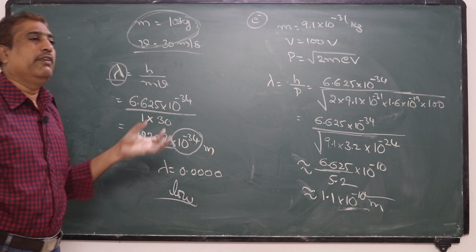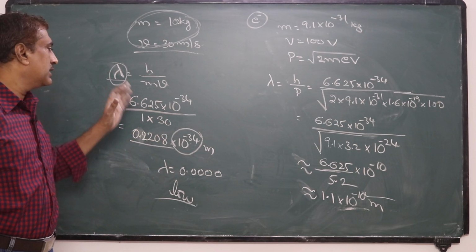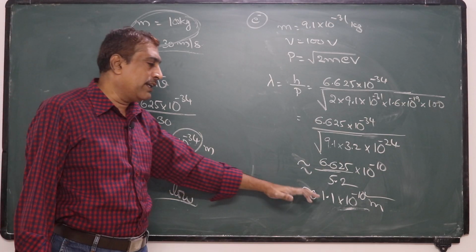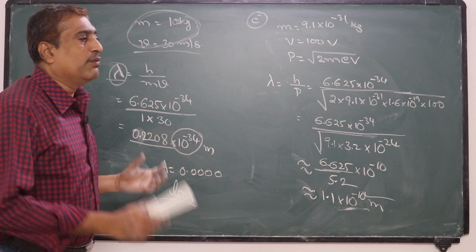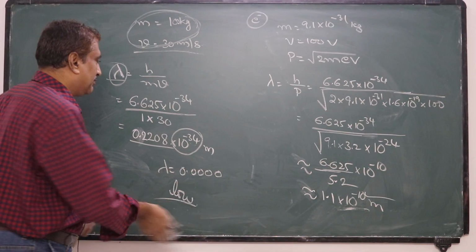That's why for heavier particles, the de Broglie wavelength is insignificant, but for lighter particles it is significant. That's why we won't experience a matter wave along with us.